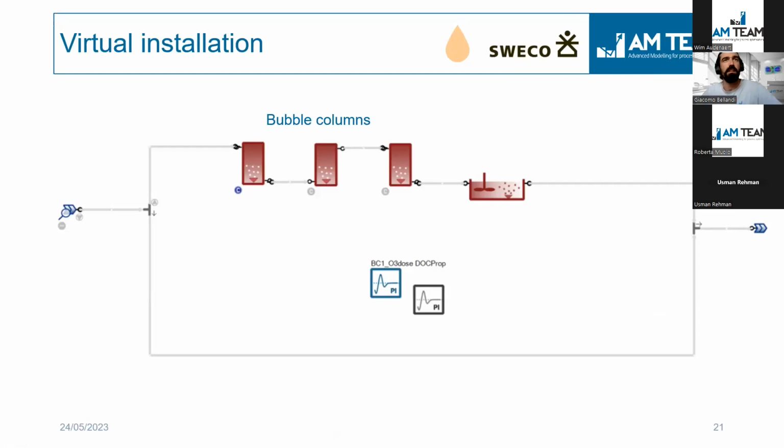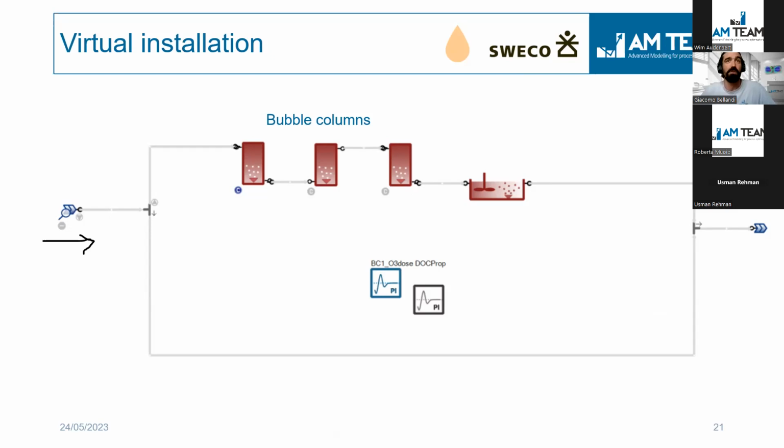Now, when the data are available, then we feed the model with fixed steady state conditions or dynamic conditions, and the mechanistic model is behind what we call the virtual installation.